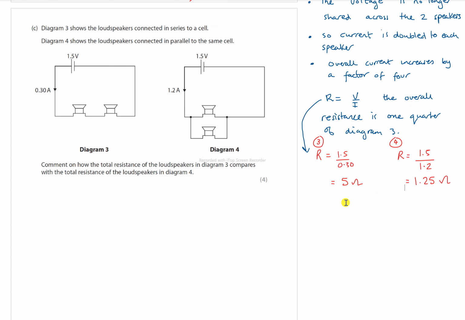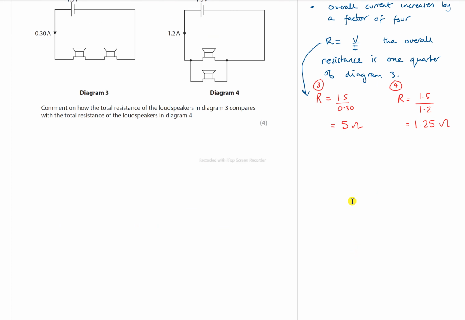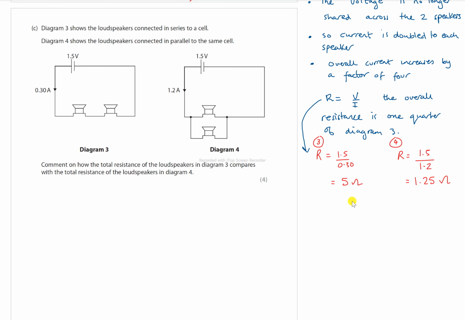Now, I should show you this. Right, the way I did it was, I use V equals IR. So R equals V divided by I, so R equals 5.